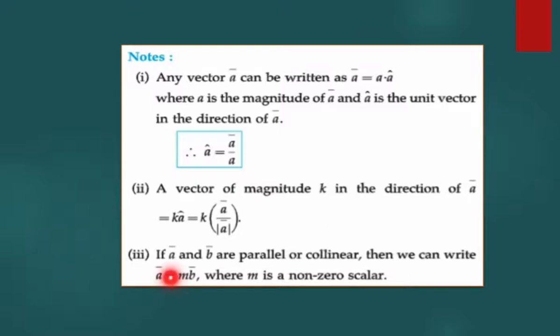So see the third property, or third note: if a bar and b bar are parallel or collinear, then we can write a bar equals m into b bar, where m is a non-zero scalar. That means when two vectors are parallel or collinear, then one vector we write as a scalar multiple of the other. So this result is most important for writing the proof.